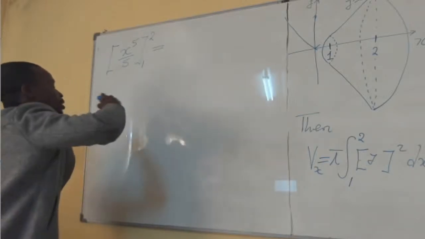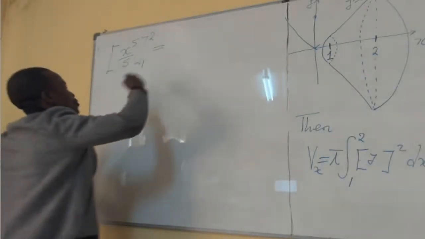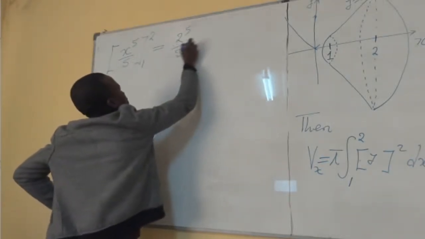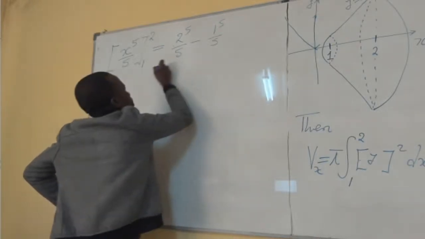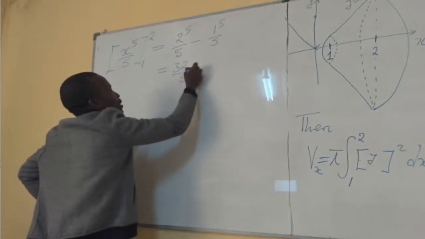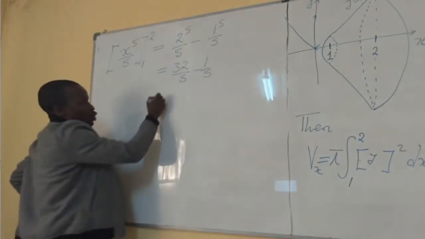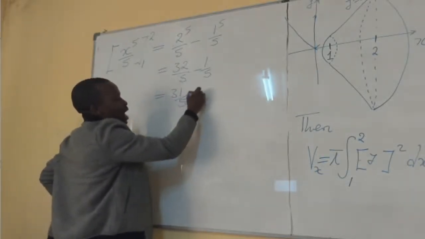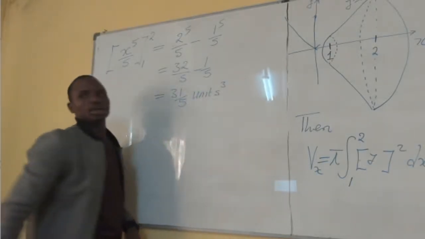Now, using the fundamental theorem of calculus, this is 2 to the power 5 over 5 minus 1 to the power 5 over 5, which gives us 32 over 5 minus 1 over 5. At the end of it all, we are going to have 31 over 5. Now, the unit for volume is units cubed.